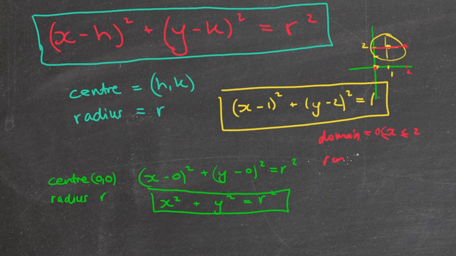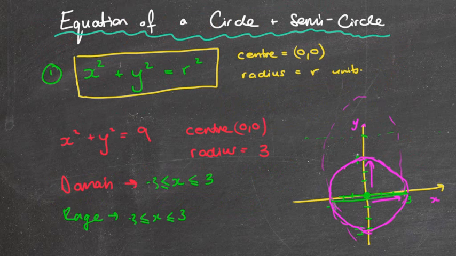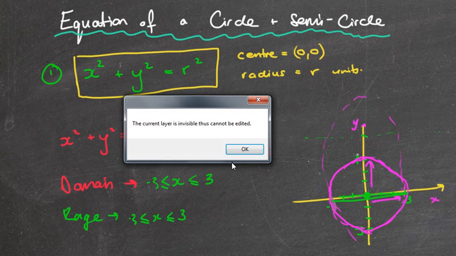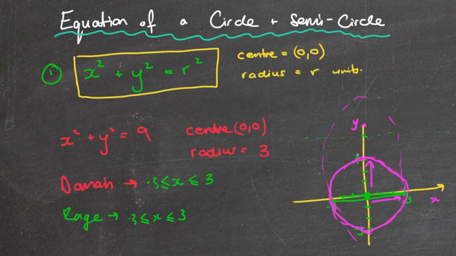If I now look at my range values, my possible y values, well, if that's 2, then that's going to be 1, isn't it? So y is greater than or equal to 1, less than or equal to 3. Just noticing there, that range should have been a y. My apologies.